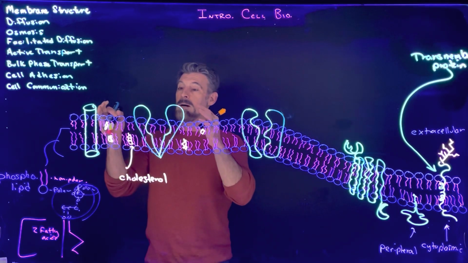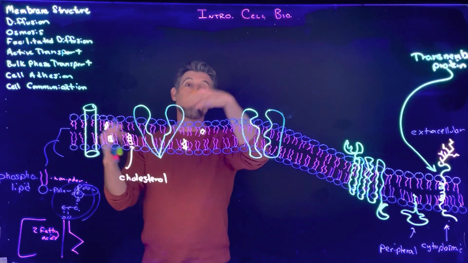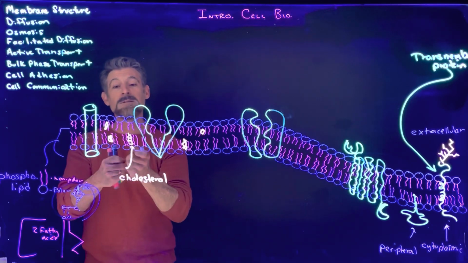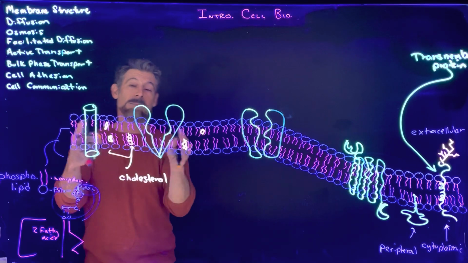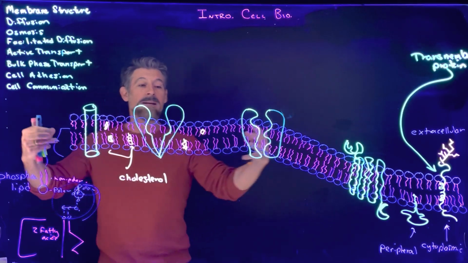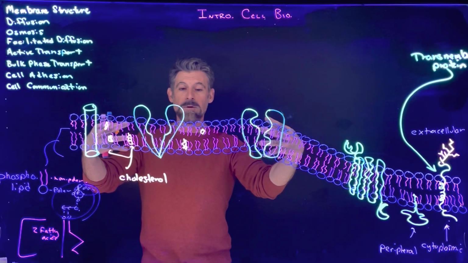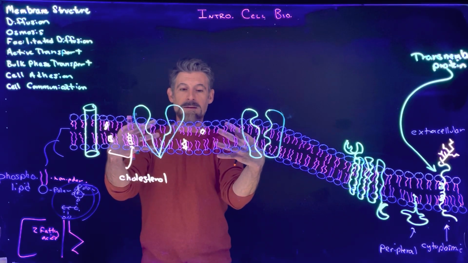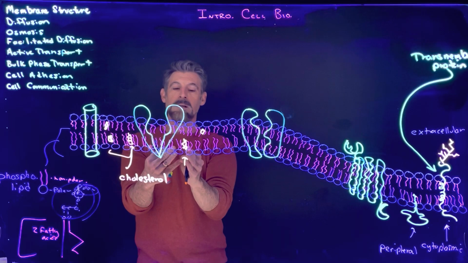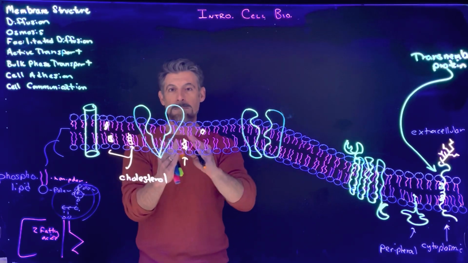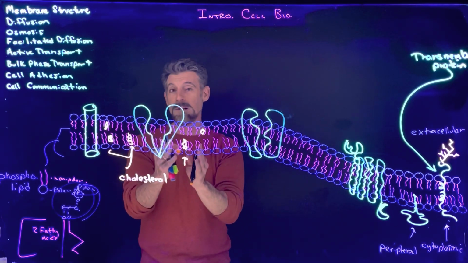So cholesterol molecule, if temperatures get really high, the cholesterol molecules are kind of like grouping phospholipids together from being able to move too far apart. And as temperatures get colder and the phospholipids are moving closer together and they're not moving so much, the individual cholesterol molecules kind of create little pivot points and spacers, so it allows a little bit of flexibility.